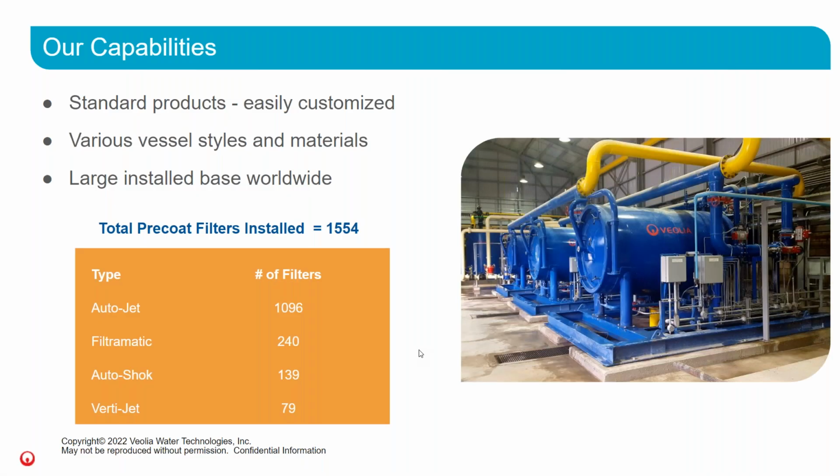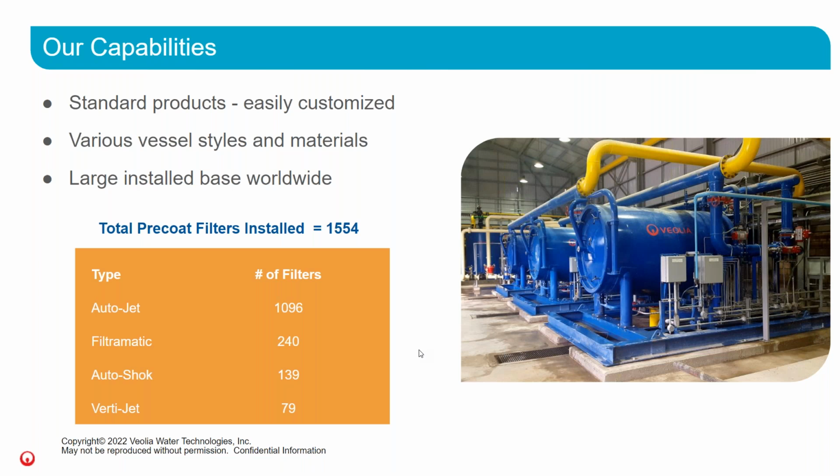So now we'll look at some of the capabilities. Precoat filters that Veolia can offer are standardized products, but we also have the ability to easily customize them for each of the applications. We also have various vessel styles and materials that we can make the Precoat filters out of.